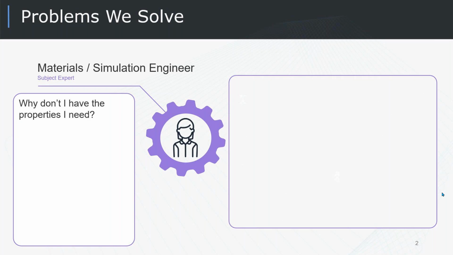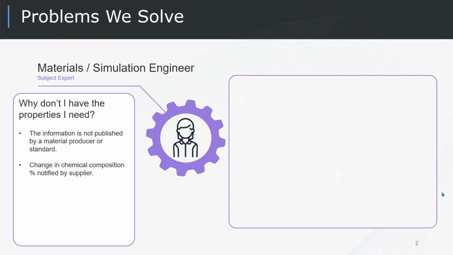So what do you do, or why don't you have the properties you need at that point, and what could you do later on? As I mentioned, sometimes that information is not published by the material producer or the standard. Sometimes suppliers notify you of a change in chemical composition, and you want to understand the behavior of that material and how different properties change based on that application.